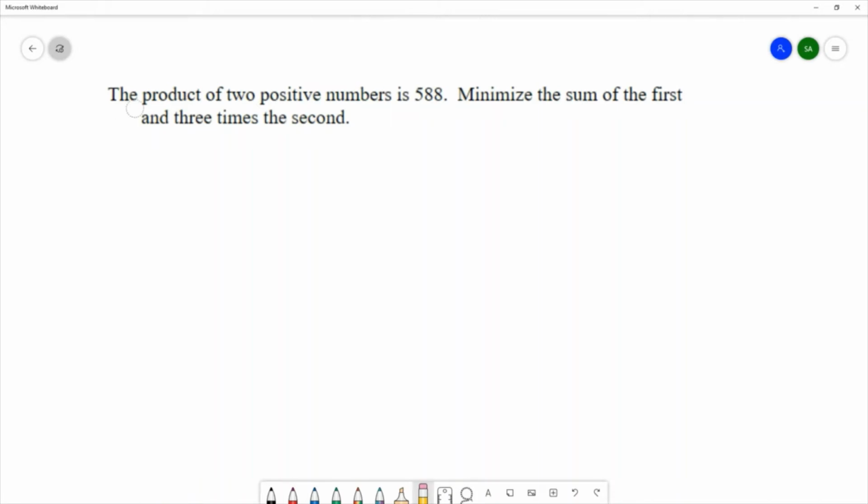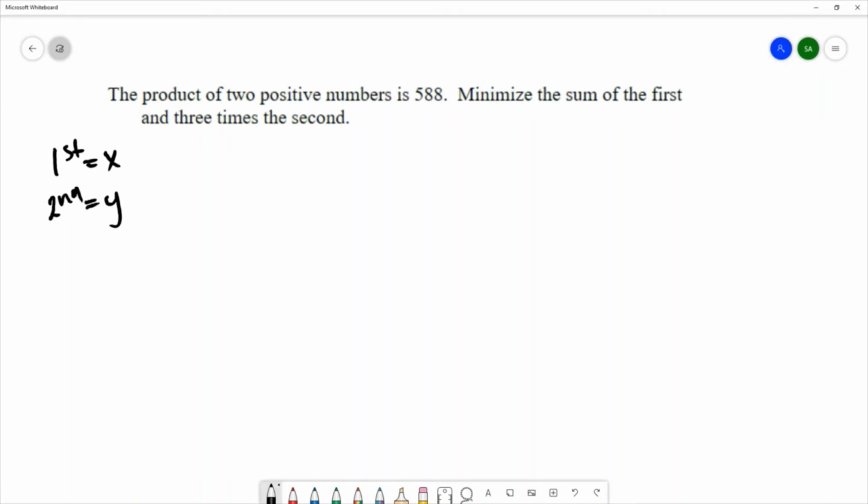For this question, the product of two positive numbers is 588. Minimize the sum of the first and 3 times the second. I'm going to let my first number be x and my second number be y.